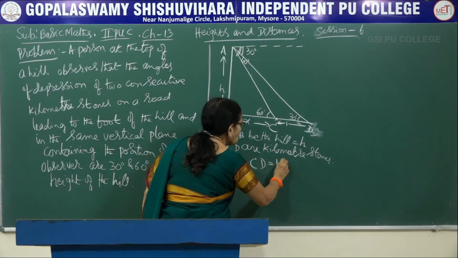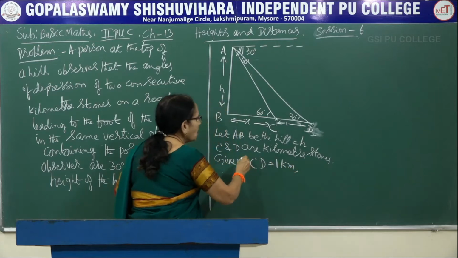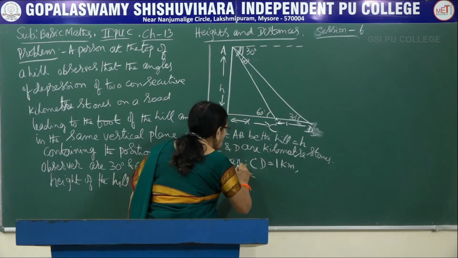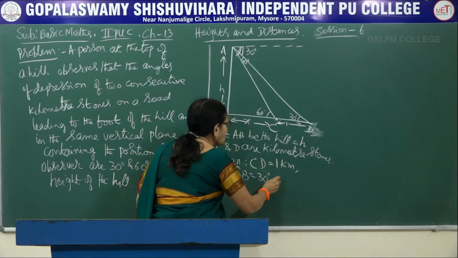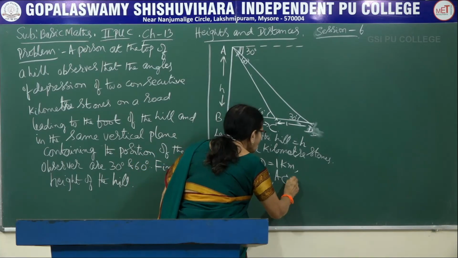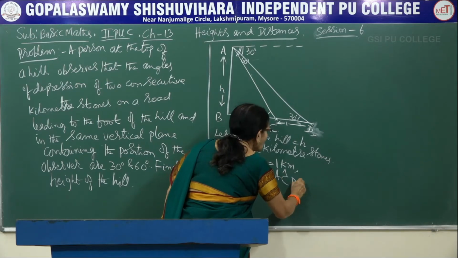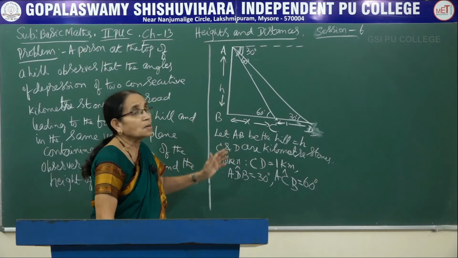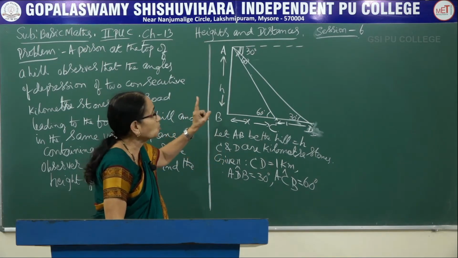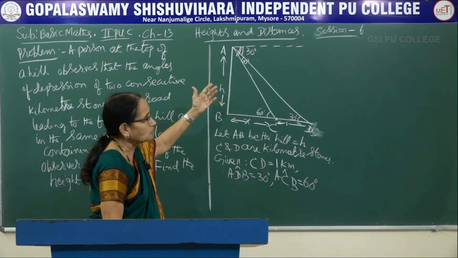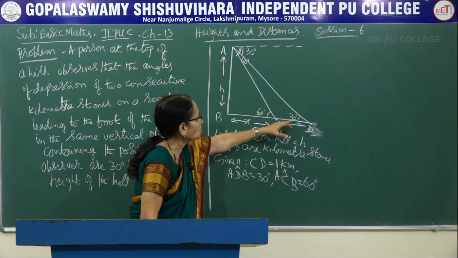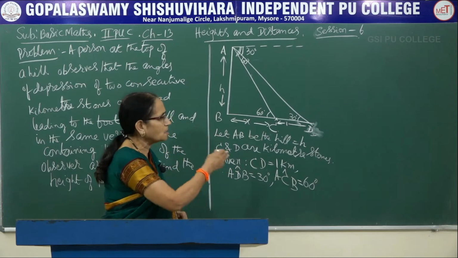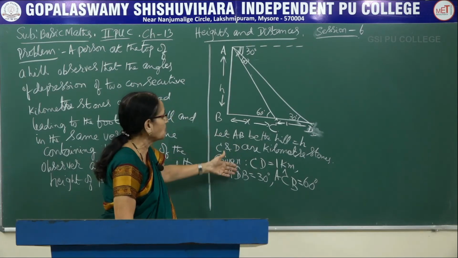CD equal to 1 kilometer and the angles. Angle ADB is equal to 30 degrees and angle ACB is equal to 60 degrees. You need not give the explanation that there are alternate angles, all those things, but the figure should be correct. So it is evident from the figure. When you write 30, this would be 30. When you write 60, it would be 60. There are alternate angles that need not be specified in the explanation part.